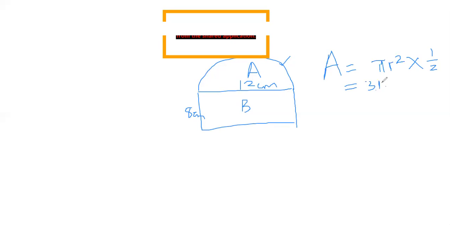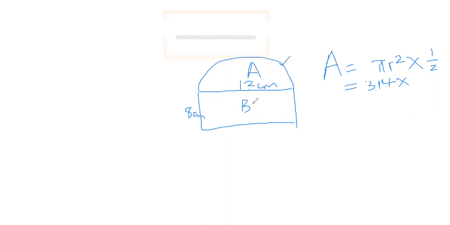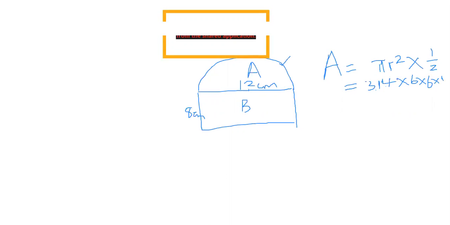Let's use pi as 3.14 because I've seen that our textbook has been using 3.14 all along. Here this is the diameter of the circle, so our radius is 6. So we're going to say 3.14 multiplied by 6, multiplied by 6, and then we also multiply by half. It's quite easy, isn't it?